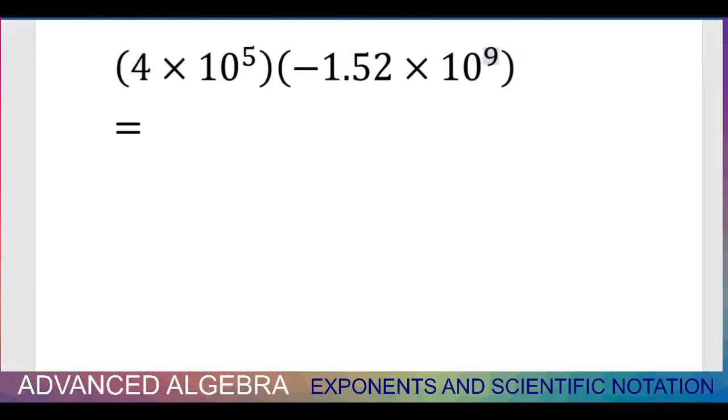So, another example. The quantity of 4 times 10 to the 5th power times negative 1.52 times 10 to the 9th power. Same concept pa rin yung kanina.